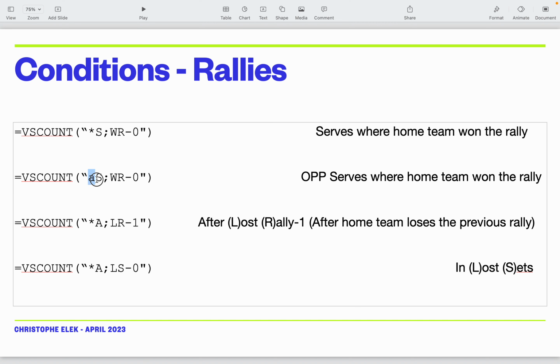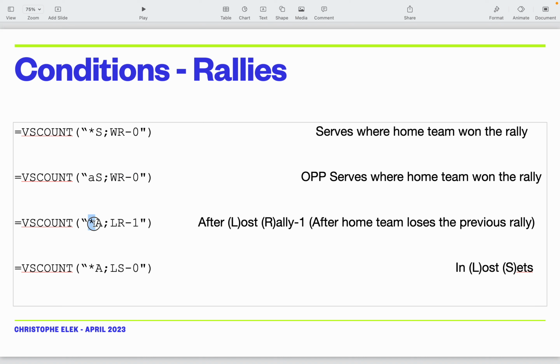So if I look at this one, even though it's AS, the W is for the home team. So this is the number of times I serve and I win the same rally. The number of times the opposite team serves, but I, the home team, win the rally. Right, so that's a breakpoint.